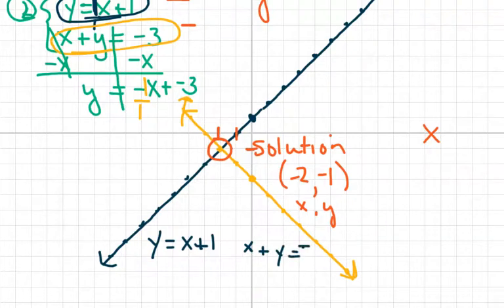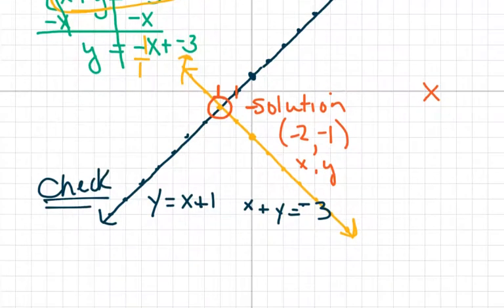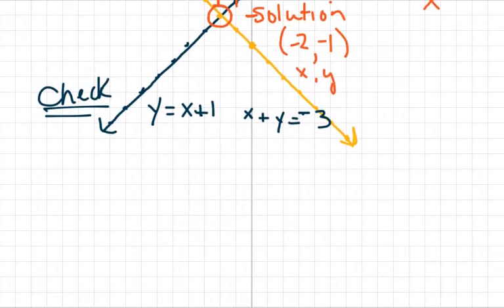So what I'm doing right now is checking to make sure that my solution is right. Alright, so I said that my solution was negative 2, negative 1. So my x value is negative 2.